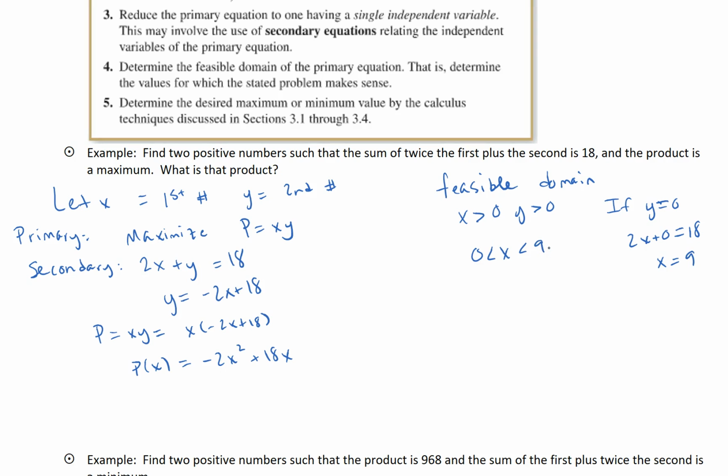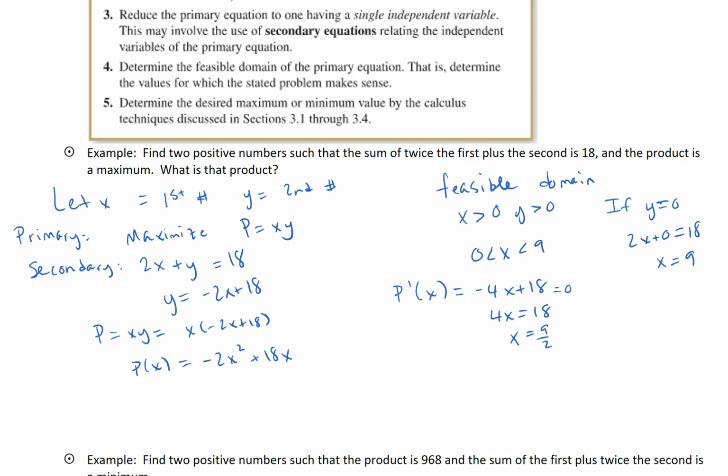Now this is not a closed interval, so if you don't have a closed interval for your feasible domain, then you actually are going to have to find relative extrema and use one of the tests that we have for that. So in this case, I'm going to find P prime of x, which is negative 4x plus 18. It exists everywhere, so if I set it equal to 0, I get 4x equals 18, or x equals 9/2.